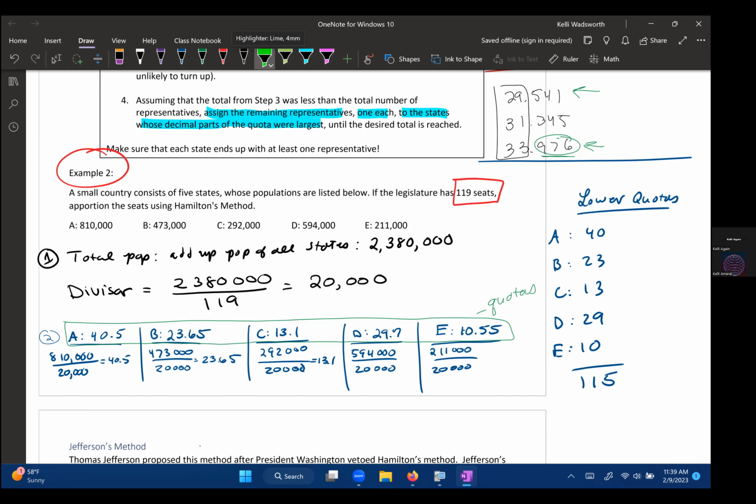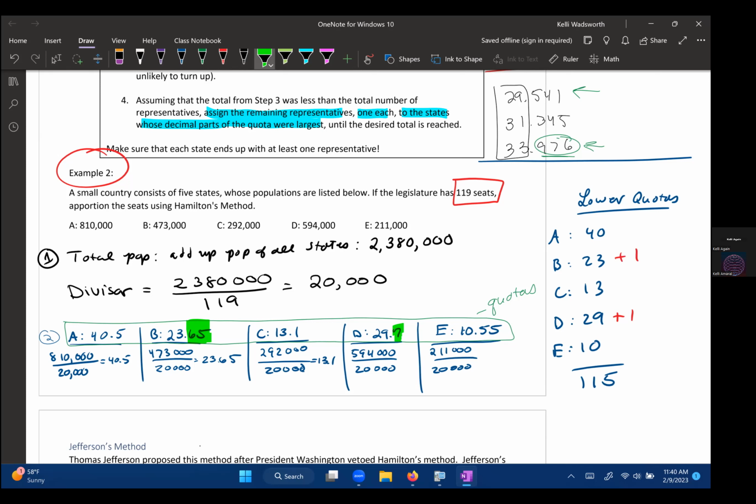It's got to be D, with 0.7. 0.7 is bigger than any other one. So we're going to add 1 to D. And who is the next largest? 0.5. Oh, no, 0.65. This is bigger than any other state's. Okay, so B is going to get another seat.